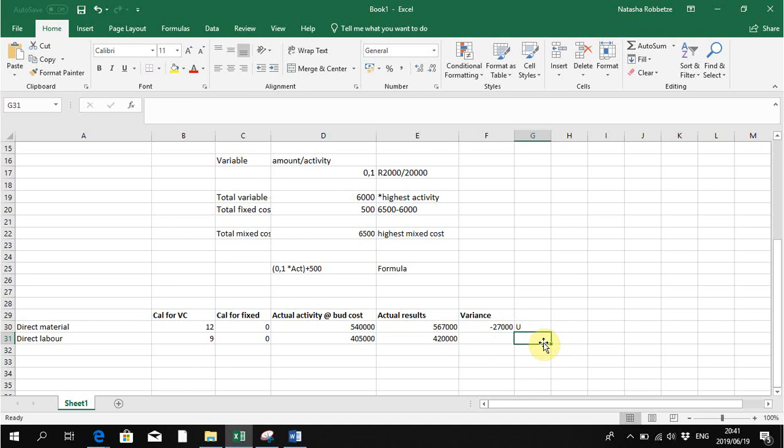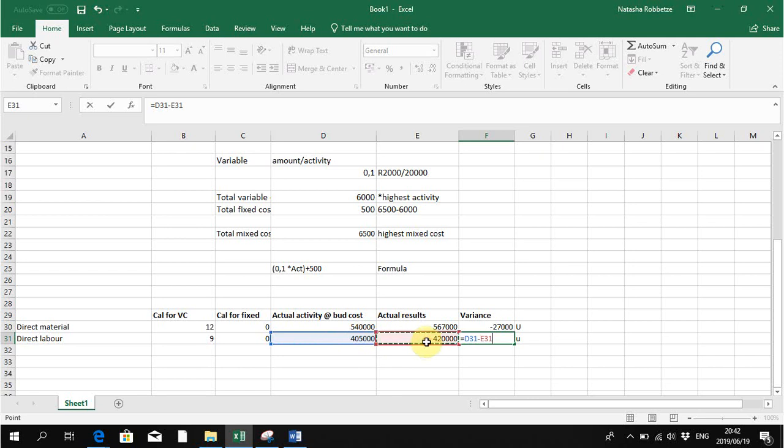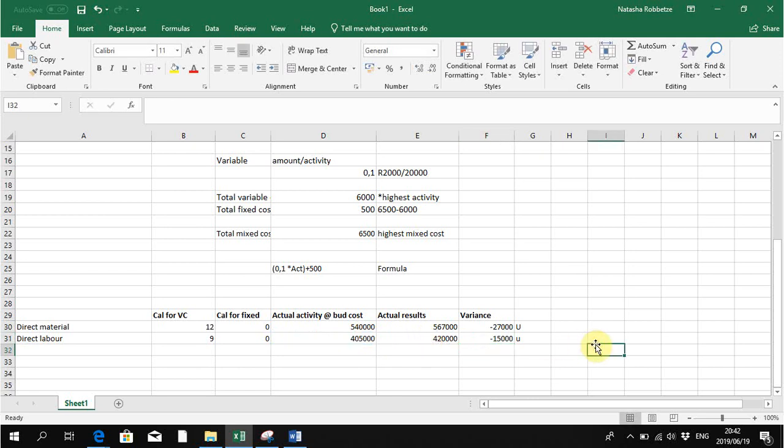Labor is something that we pay for. Salaries are expenses. And if I look at my budget, I was allowed to spend 405,000. I actually spent 420, so I overspent, and this must then be U, unfavorable. And the difference between these two amounts is 15,000.